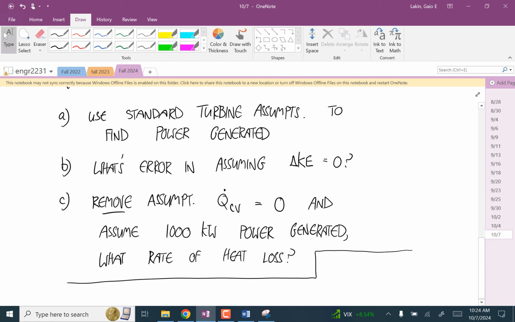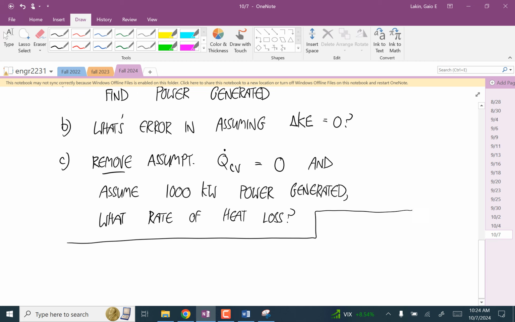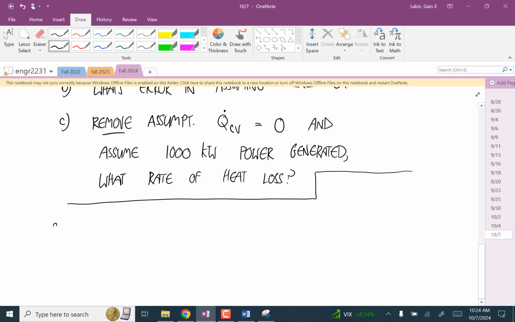Okay, so we're going to start out with the standard assumptions that we made last time. So that is that the rate of work generated is equal to the mass flow rate times the quantity h_i minus h_e.